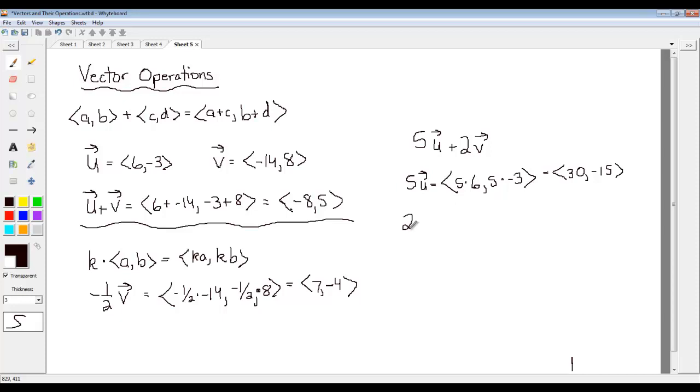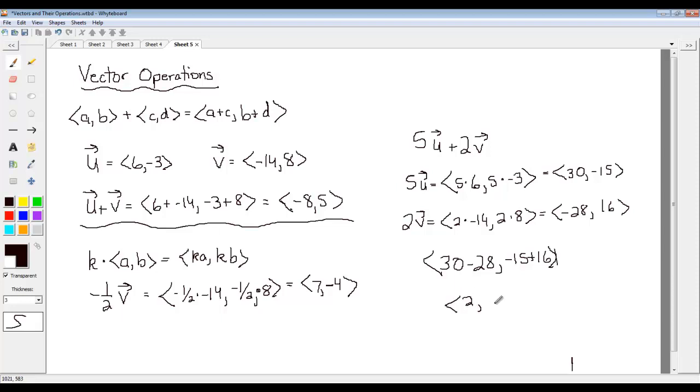Then the 2V, you would have 2 times negative 14 and 2 times 8, so you'd have negative 28 and 16. Then to add those together, you'd add the 30 and the negative 28, and the negative 15 and the 16, and you would get (2, 1). So that's when you throw them all together.